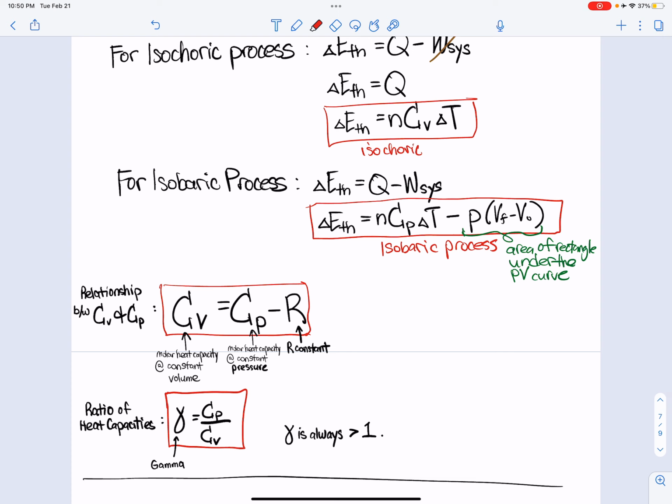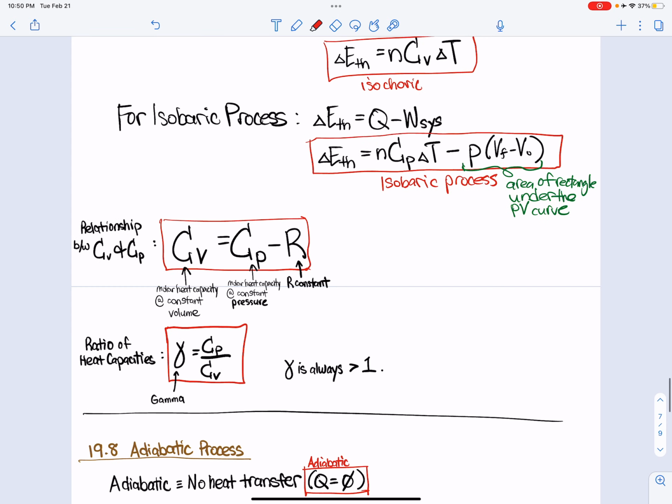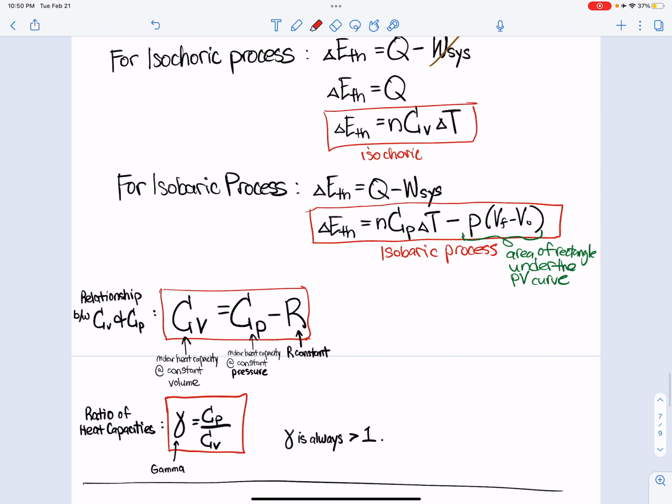The last equation I think you should know from chapter 19, section 7 is the ratio of heat capacities, for which we use the symbol gamma. The ratio of heat capacities, gamma, is equal to molar heat capacity at constant pressure over molar heat capacity at constant volume.